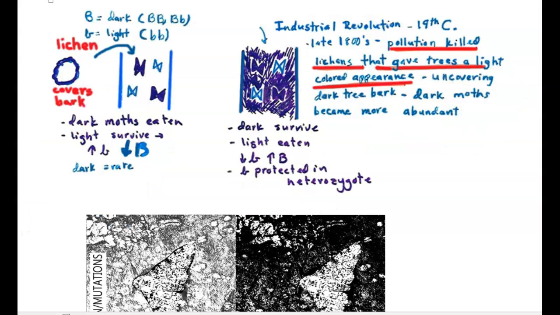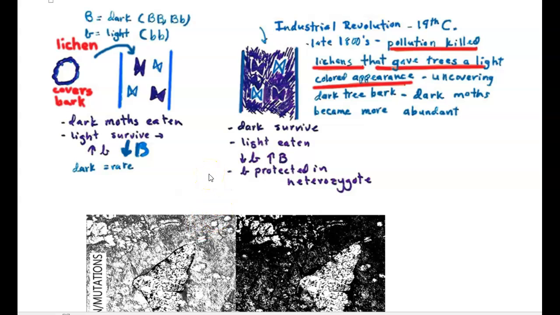So in my picture that I drew for you over here, this is pre-Industrial Revolution. So this white here, that's the bark covered with lichens. You can see it down here. That's bark of the trees covered with lichens. Notice the moths are blending in really well with the lichens.